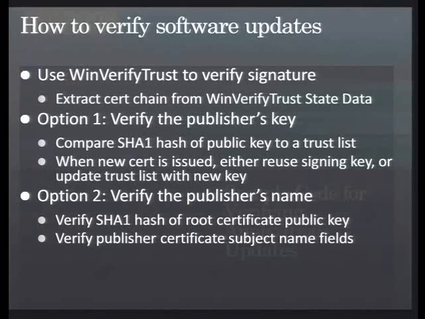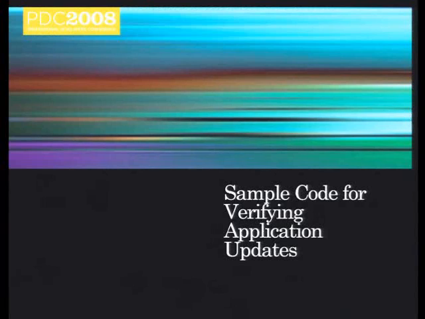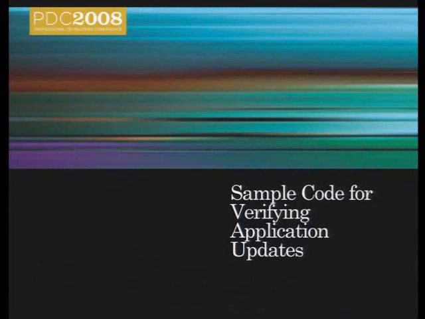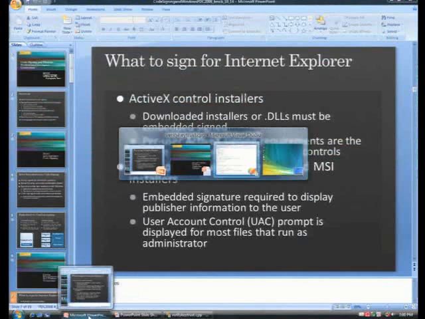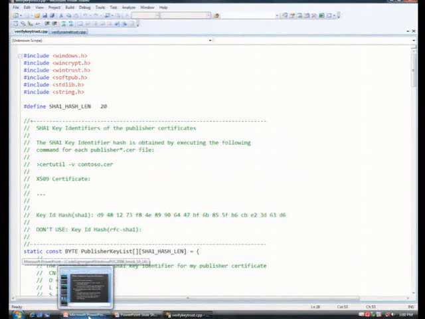Now we're going to go through some sample code in order to demonstrate how this is done. So let's switch over to Visual Studio. This example demonstrates how you verify the trust in the publisher's signing key.